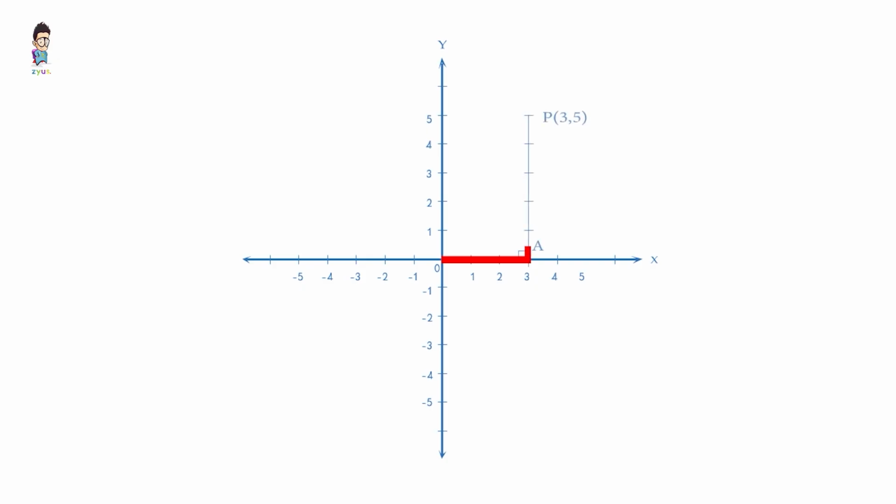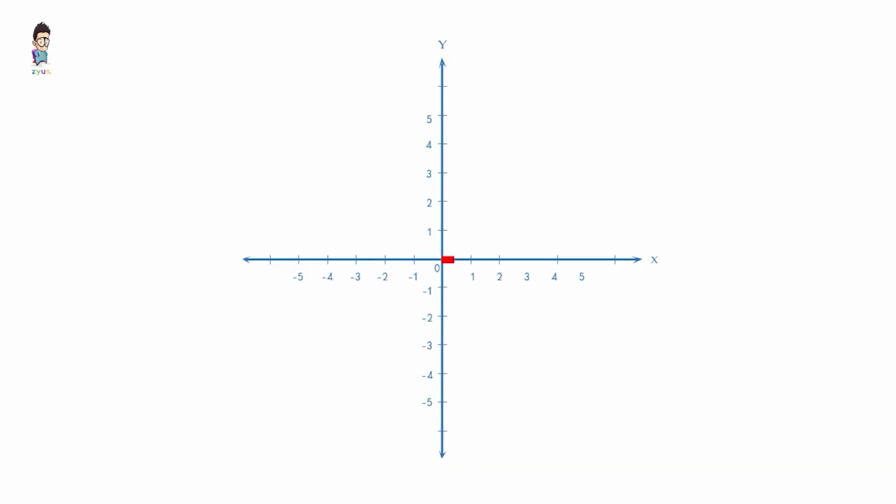Starting from the origin, we count 3 units on the positive x-axis and mark the corresponding point. Now, starting from this point, we move in the positive direction of the y-axis and count 5 units. Mark this point as P. Hence, P is the position of the point 3, 5.